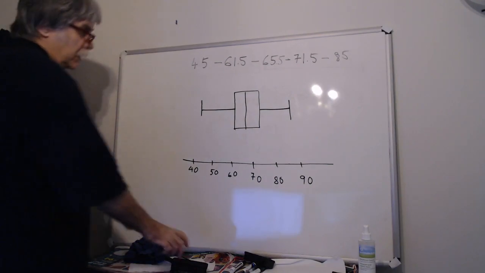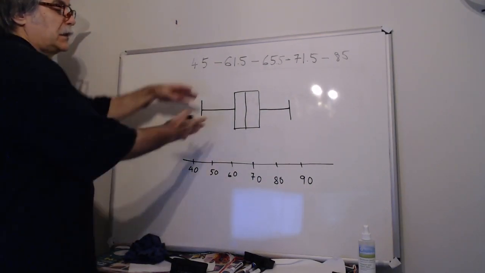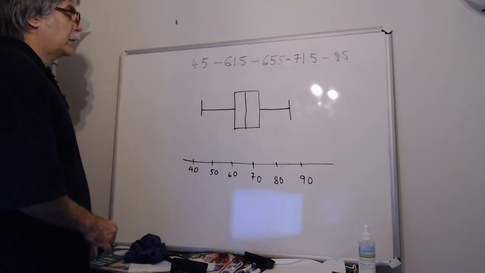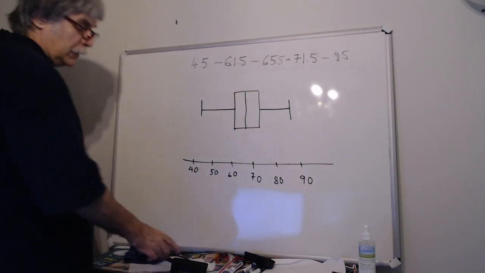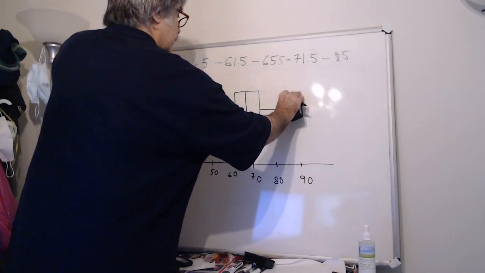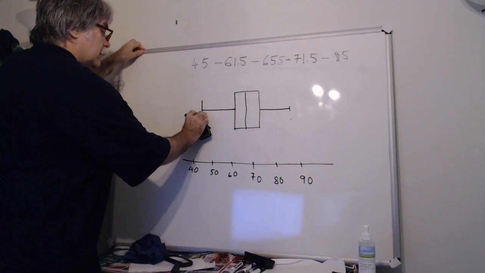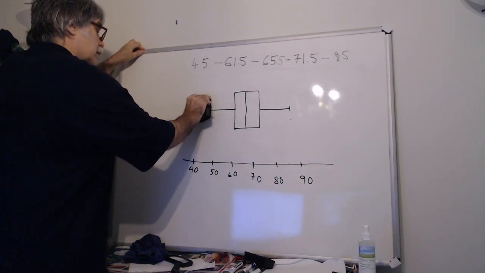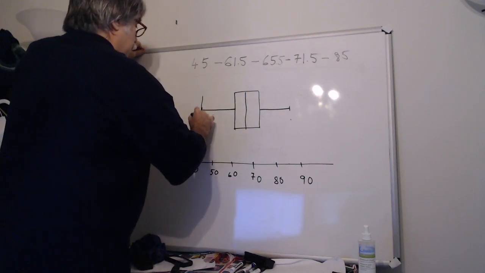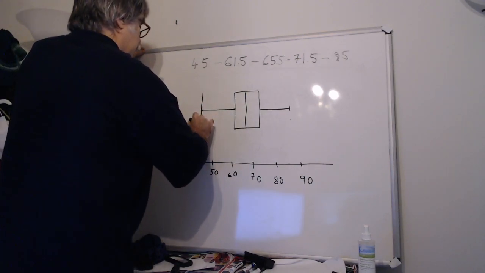Okay, sometimes you will see that box a little smaller, not so wide as I have. Sometimes you can see the tails to be just very light, like small. On the other hand, you can also see sometimes they're as big as the box or as wide as the box.